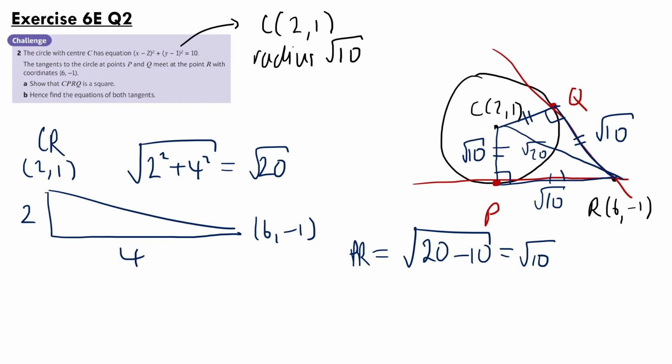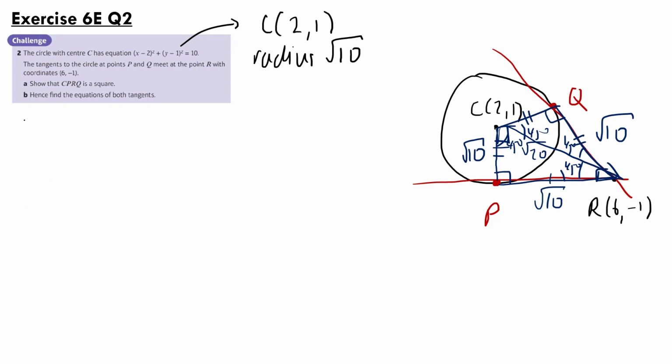And because the triangles CPR and CQR are isosceles, these angles here are going to be 45 degrees, and hence the angles PCQ and PRQ are both right angles as well.